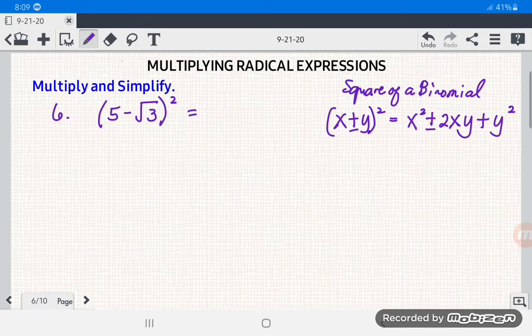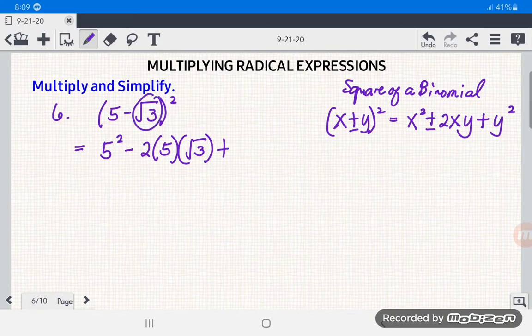Going back to our example, this is the first term, 5. The second term is square root of 3. So we're going to square the first term. Since this is minus, minus twice the product of the first term, 5, and the second term, square root of 3. Then plus, you square the second term, so we have square root of 3 squared. Then we have 5 squared, 25.